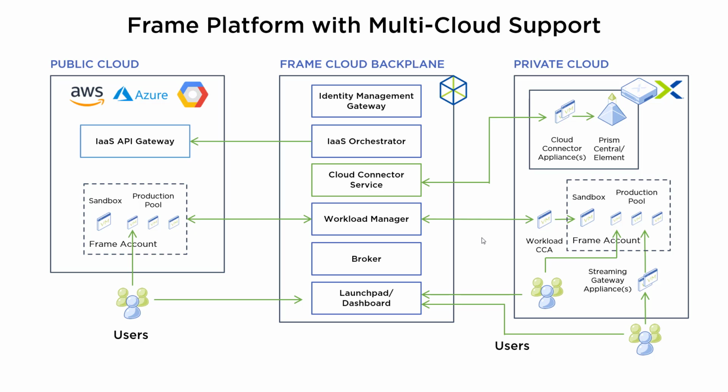And then the end user, you can see it on both sides, can communicate directly and securely with the production pool machines, the workload machines, which can also be secured through a streaming gateway appliance, a reverse proxy, so the user, without installing a VPN on their endpoint, can securely communicate with workload machines.